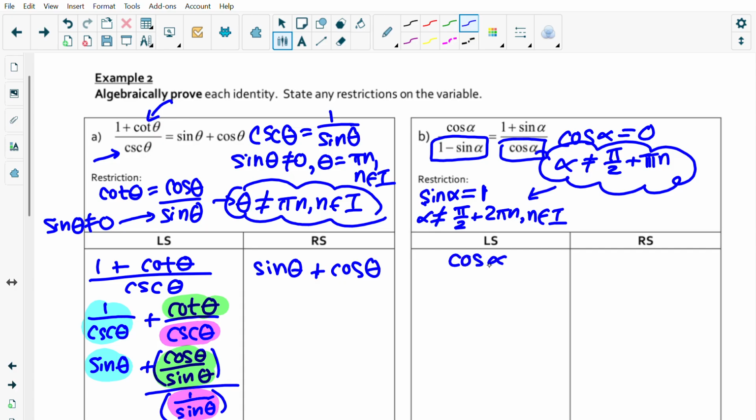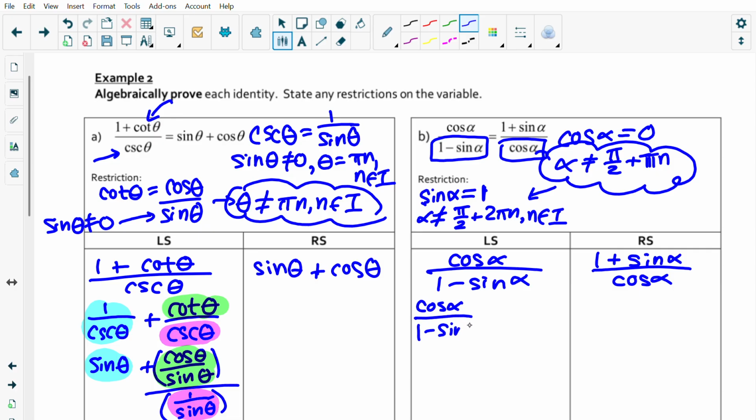Let's rewrite this. Let's start: cosine of alpha divided by 1 minus sine of alpha equals 1 plus sine of alpha divided by cosine of alpha. Let me multiply both sides by the conjugate.